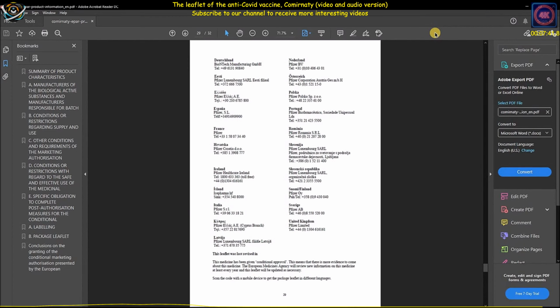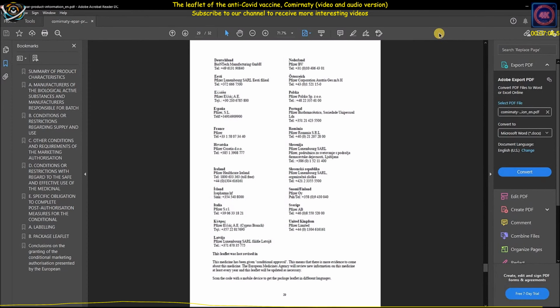Österreich, Pfizer Corporation Austria Ges.m.b.H., Tel +43 (0) 1 521 15-0. Ελλάδα, Pfizer Ελλάς Α.Ε., Τηλ +30 210 6785 800. Polska, Pfizer Polska Sp. z o.o., Tel +48 22 335 6100.